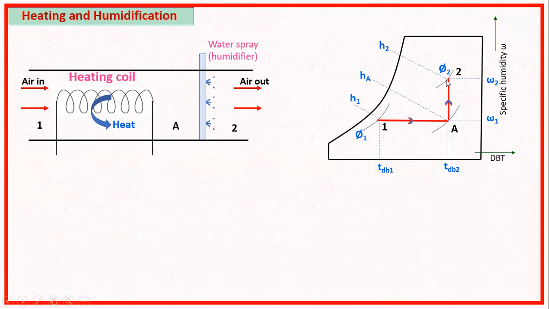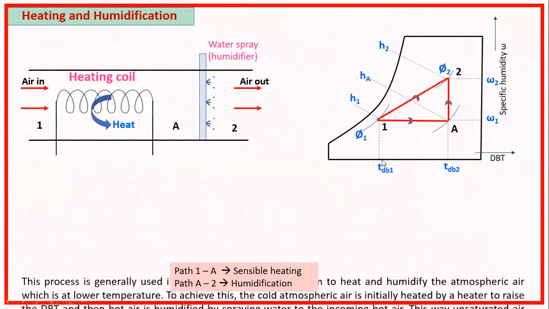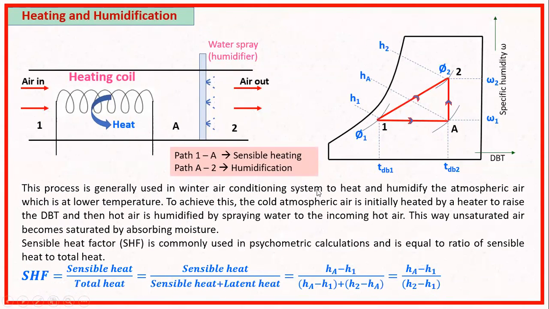So let 2 be the humidity of the air at the exit. So specific humidity is represented by this line. So H1 be the enthalpy at the inlet and H2 be the enthalpy at the exit. Okay, so this is generally used in winter air conditioning systems.